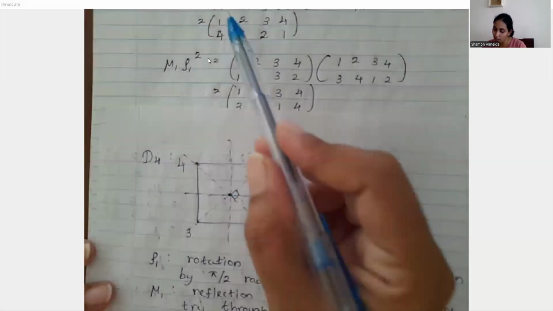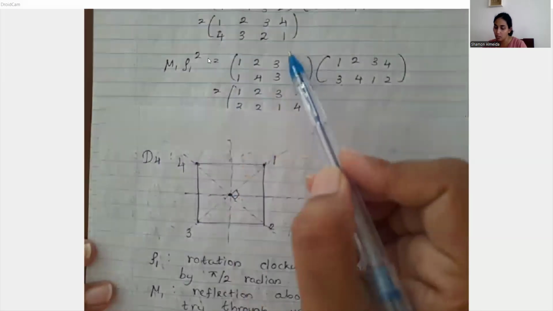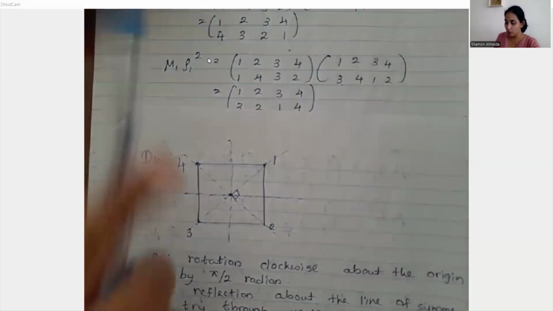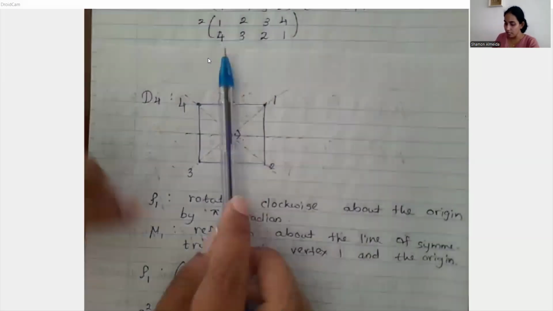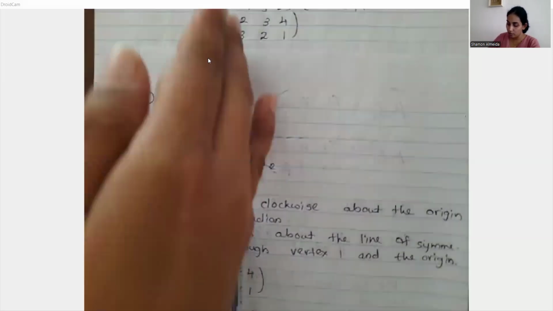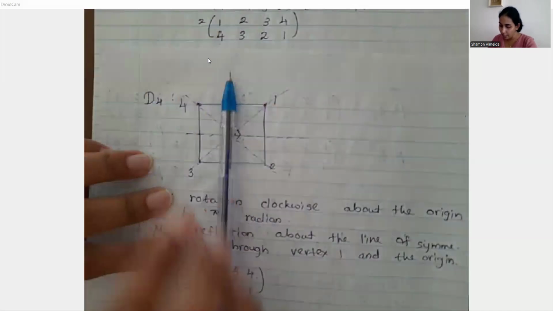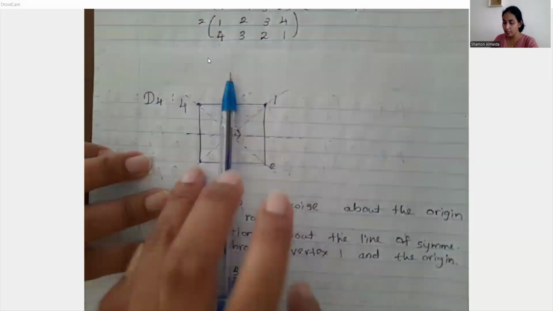See over here, 1 is being replaced by 4, 4 is being replaced by 1, 2 and 3 once again swapped. That means, I'm referring to this one, we have taken the reflection about this line, which goes over the midpoints of these two opposite sides. When you reflect it, 1 will replace 4, 4 will replace 1, 2 and 3 will be swapped. That is what you see over here.